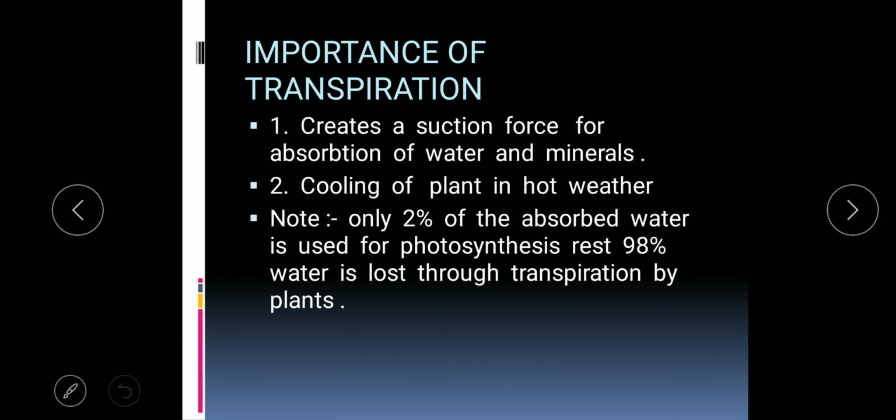So now what is the importance of transpiration that we have to see? So first importance is it creates a suction force. In the previous chapter we have also seen that when the loss of water is there from the aerial parts of the plant and the soil is having the root, it is creating a difference of the concentration gradient.